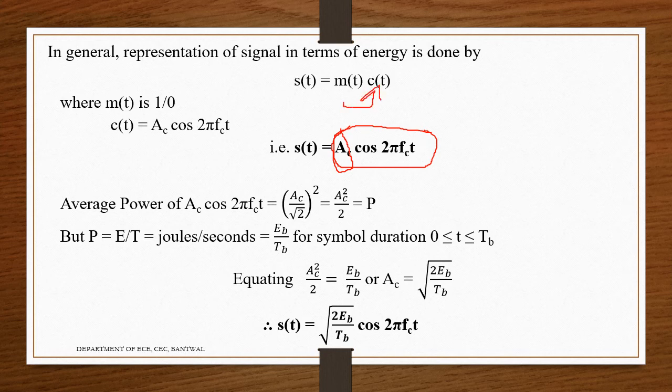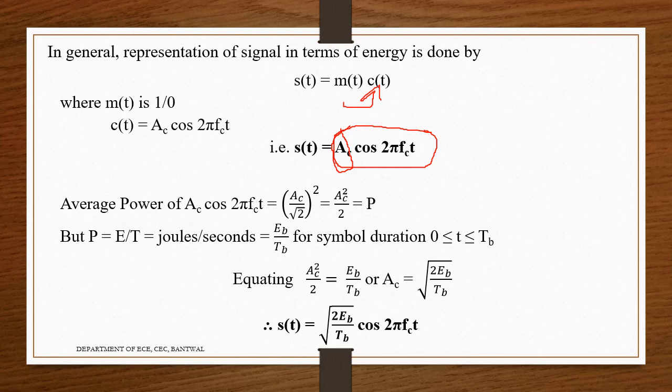So whatever the message energy is, it is considered with respect to the carrier signal. This is the power, depending on the bandwidth. For example, the amplitude of the carrier waveform squared and divided by 2, that is the average power.